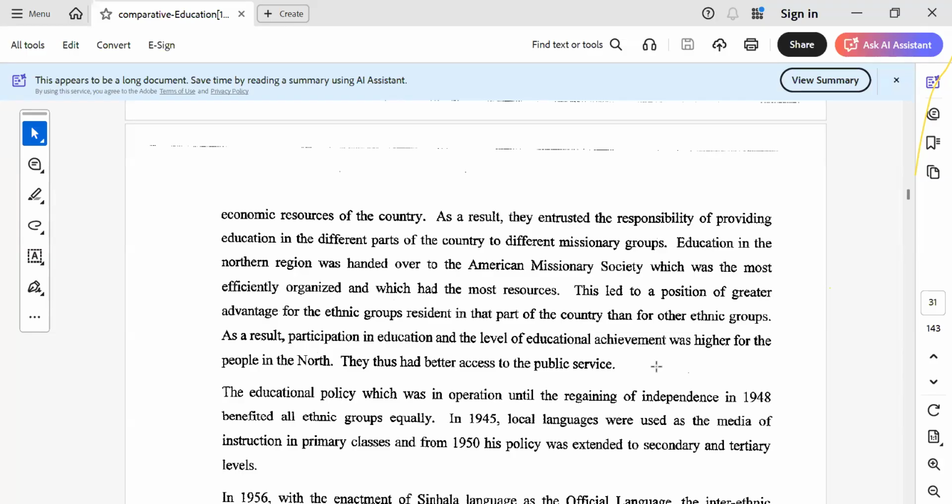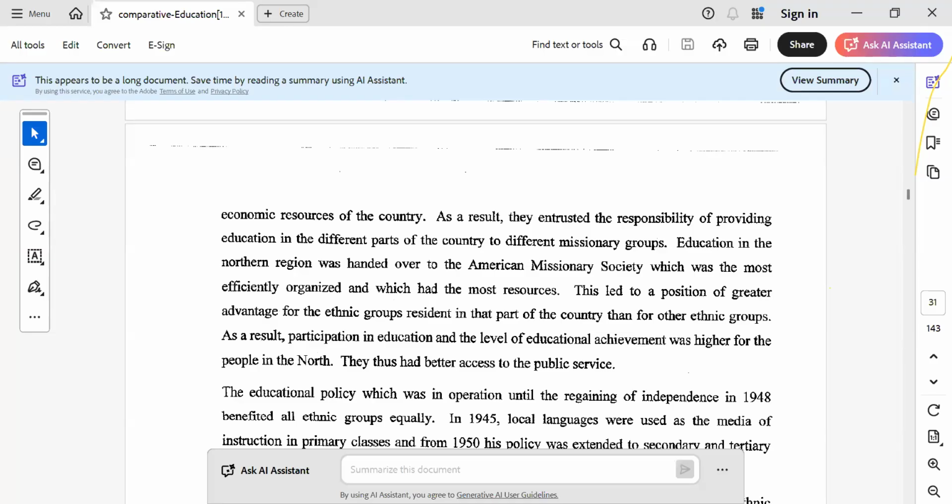So they got the opportunity to study in the missionary schools, English medium schools. They thus had better access to public service. Because of the missionary school education, they got the jobs also.